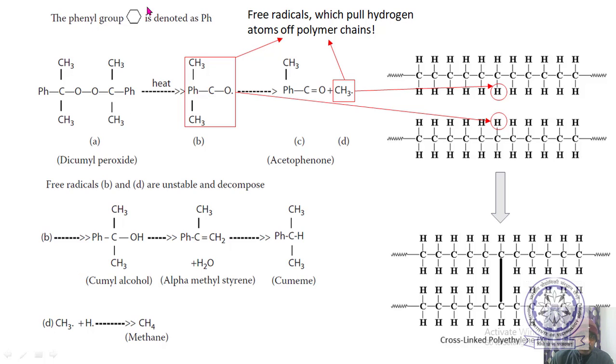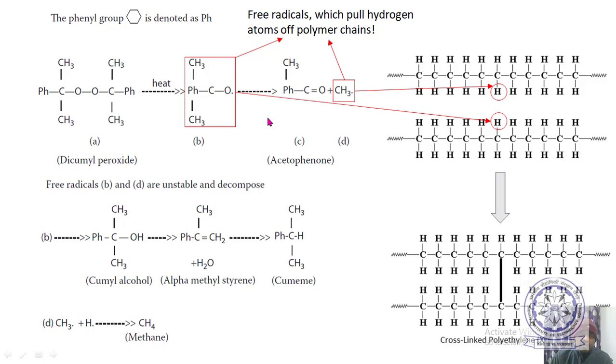Now here the phenyl group is indicated as Ph. Here this is dicumyl peroxide. When heated, it will form free radicals which pull the hydrogen atoms off the polymer chains. This is B, where it is cumyl alcohol, it can form with hydrogen.